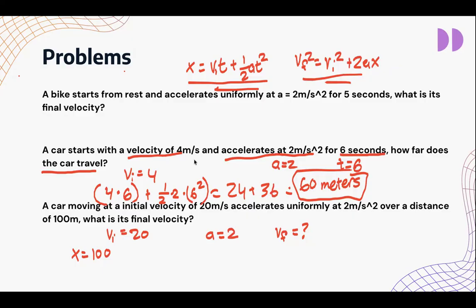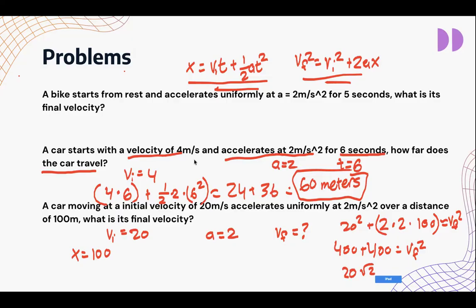You just input these variables in, you get 20 squared plus 2 times 2 times 100 equals VF squared. So then you just get 400 plus 400 equals VF squared. You get 20 square root 2 equals VF.